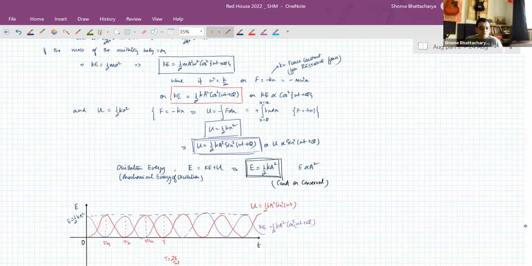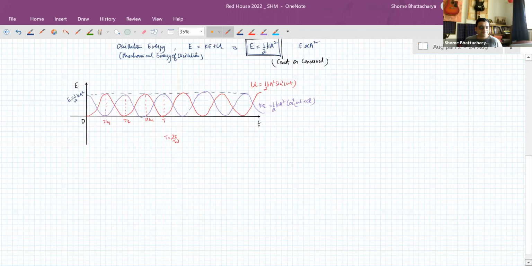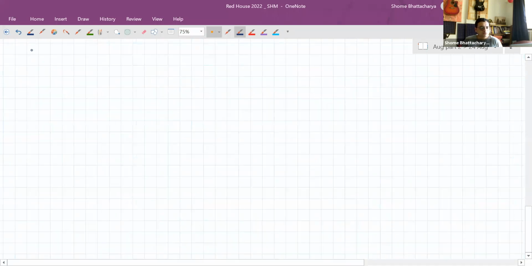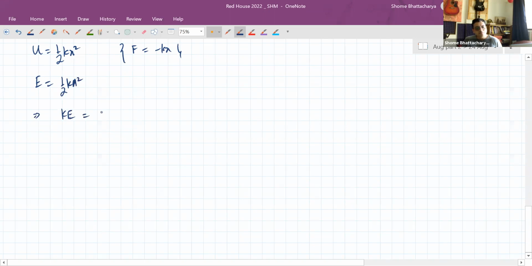Now, the other thing within this is that since we just saw that potential energy is half kx square, this comes from the fact that F is equal to minus kx, and total mechanical energy was half k a square. So kinetic energy will become half k (a square minus x square).